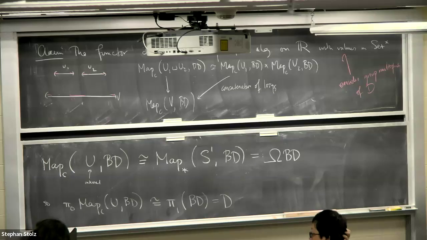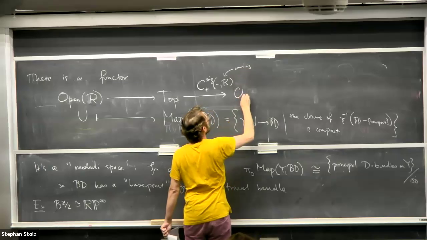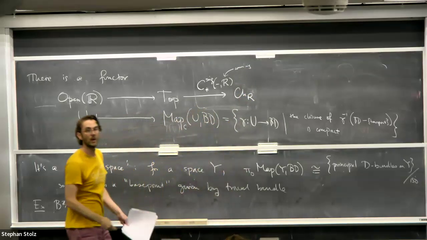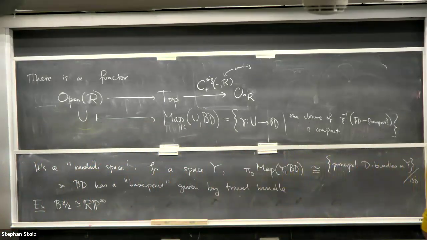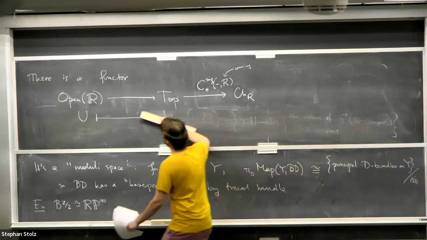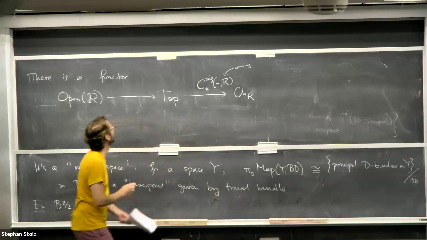We could take singular chains with coefficients in some commutative ring R. So that would go to chain complexes over R. And in that case, you again get a prefactorization algebra, but now with values in chains, tensoring over R.